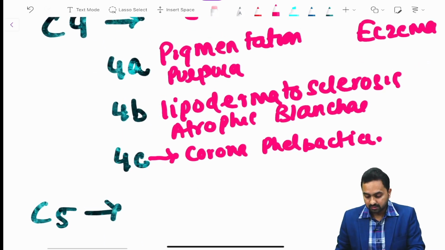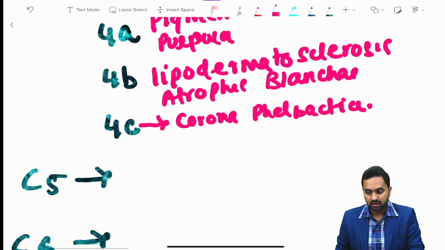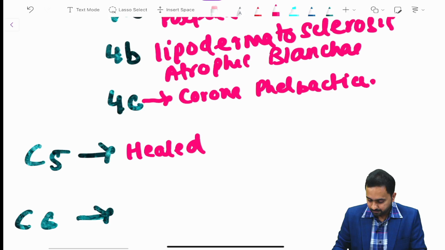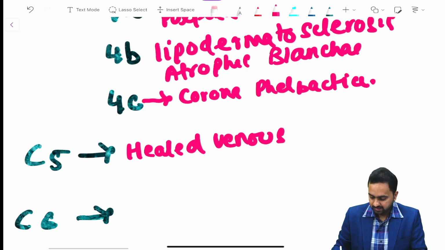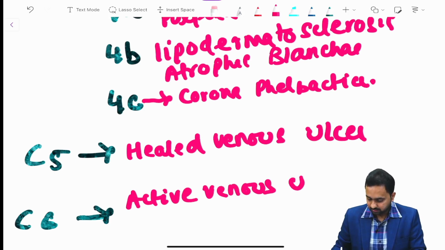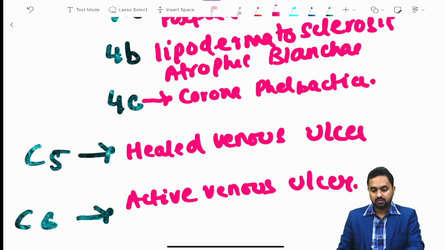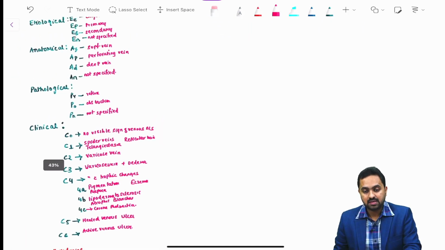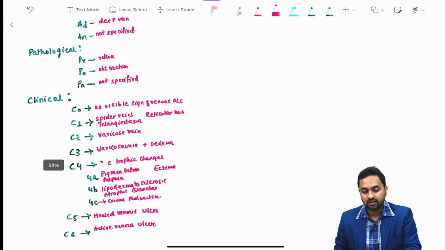So this is your C4 classification. Then you have your C5, which is your healed venous ulcer, and C6 would be your active venous ulcer, right. So this is about your CEAP classification of your varicose vein.